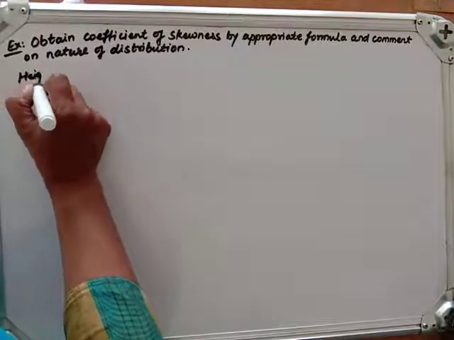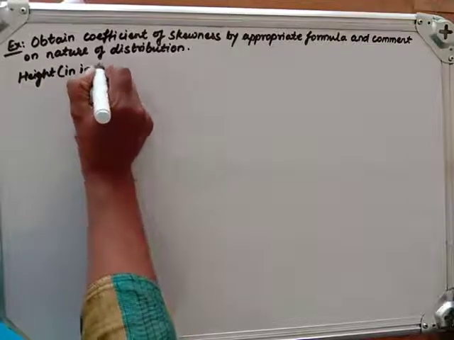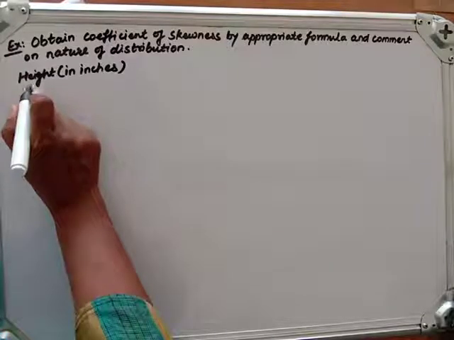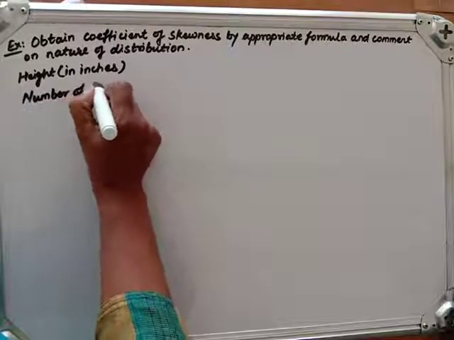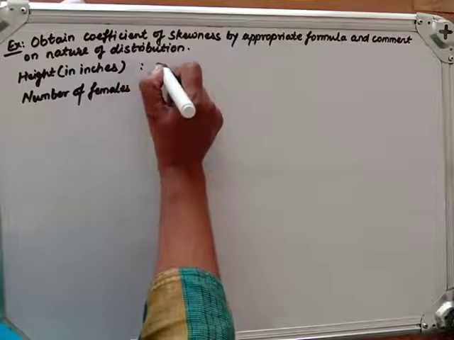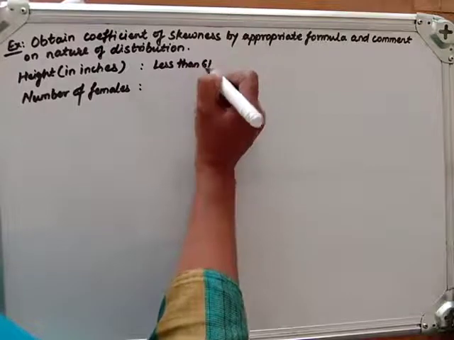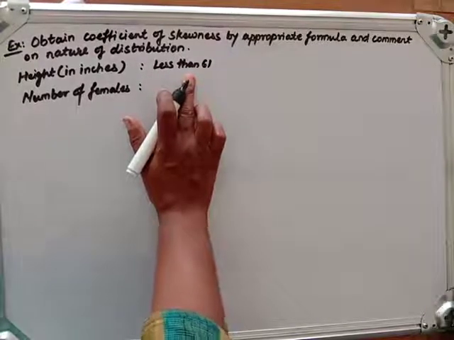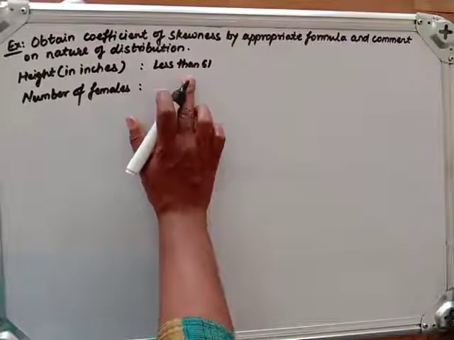Let me write what is the given data first. Height is given, this is in inches, and number of females. Height in inches, it is less than 61. Less than 61 means the open end class is this.